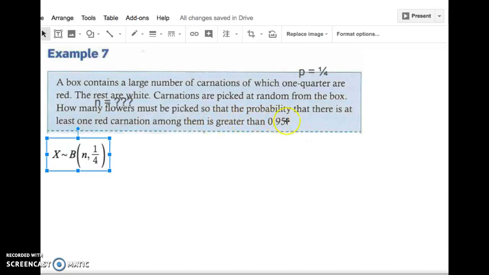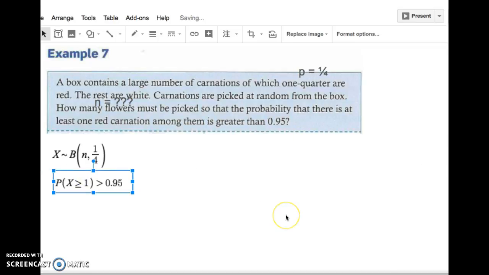And also this 0.95 part, the probability that there is at least one red, which means this is what I have. The probability that my random variable X, which is the number of red flowers I pick, is at least one red, so one is okay, and more than one is fine, is more than 0.95.